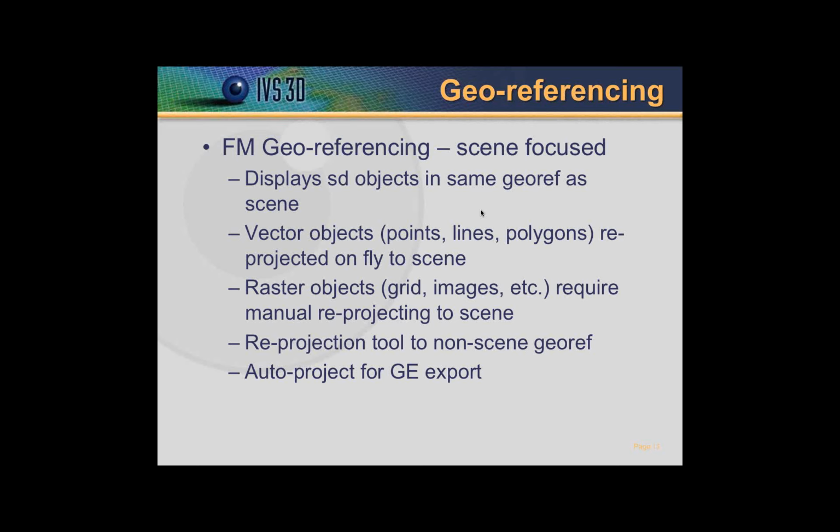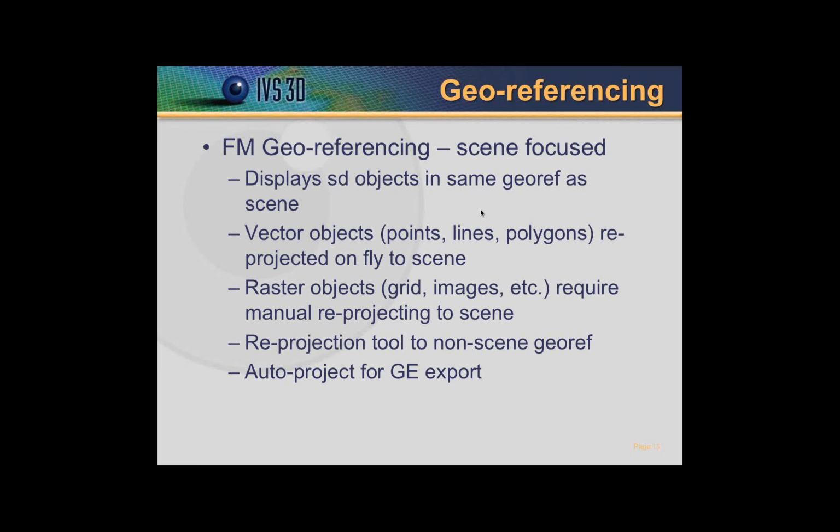For the raster objects, there is a reprojection to the scene that allows you to take it directly into the scene. And if you're then going to work in other georeferencing frameworks, there's a tool that can georeference it back into that other georeferencing system.